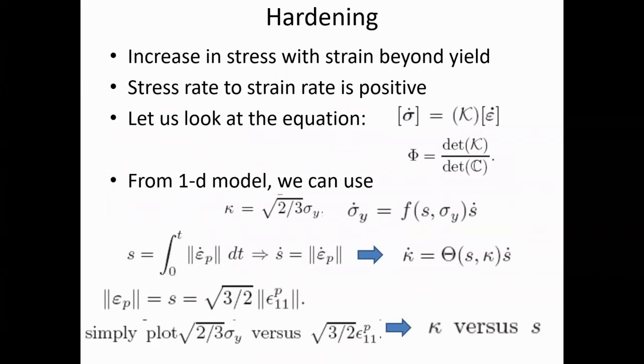The rest of the things are exactly the same. We already know how to find out kappa. We also know, I'm just writing it as sigma dot y. The other way to write sigma dot y is what?